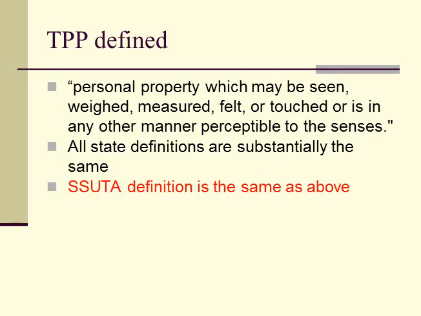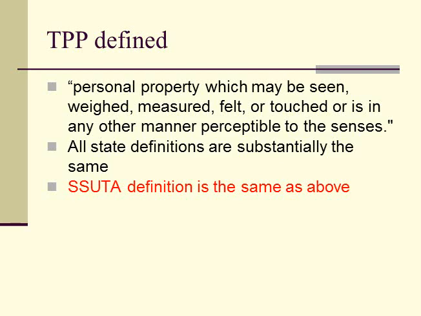The Streamlined Sales and Use Tax Agreement carries its own definition of tangible personal property, which is the definition used by all SSUTA member states. This definition is personal property that can be seen, weighed, measured, felt, or touched, or that is in any other manner perceptible to the senses.